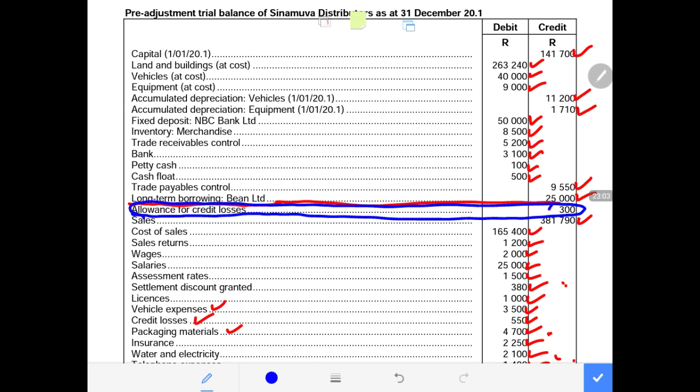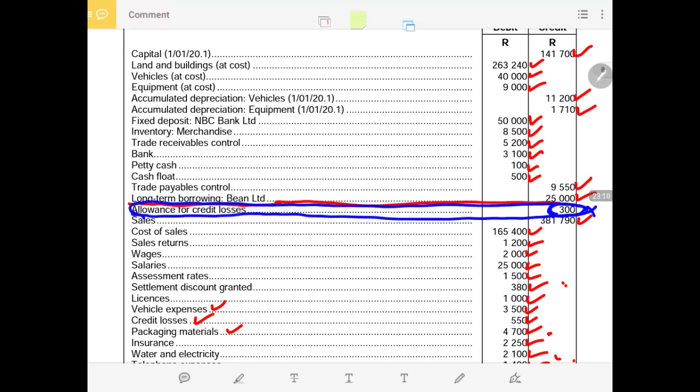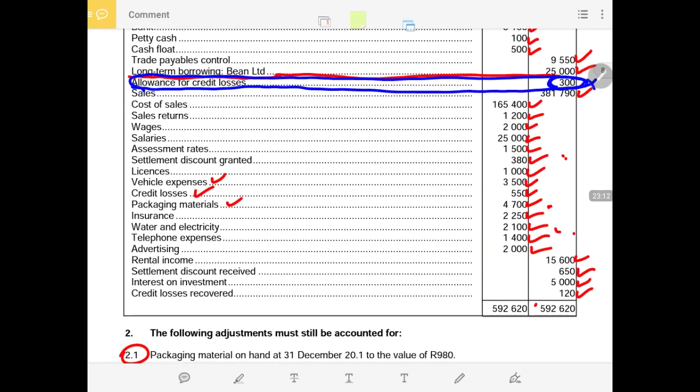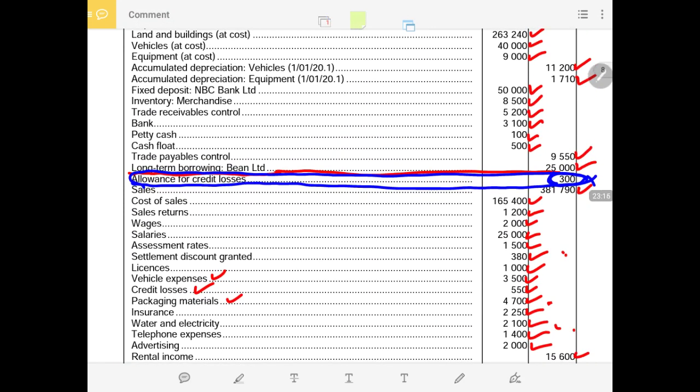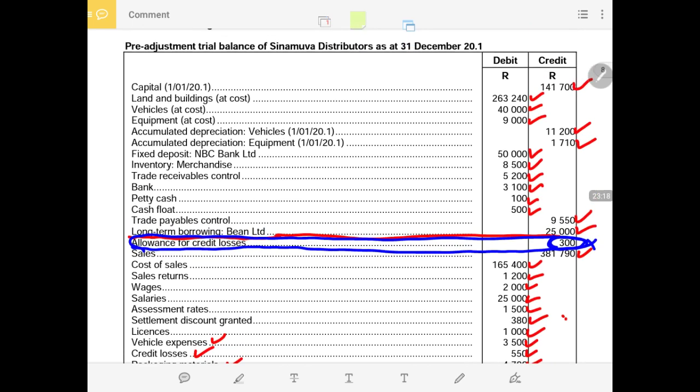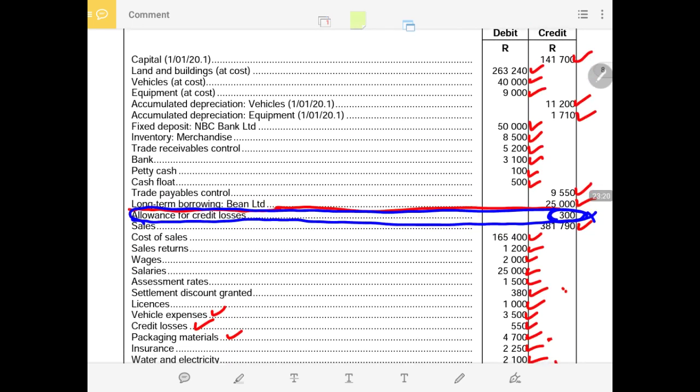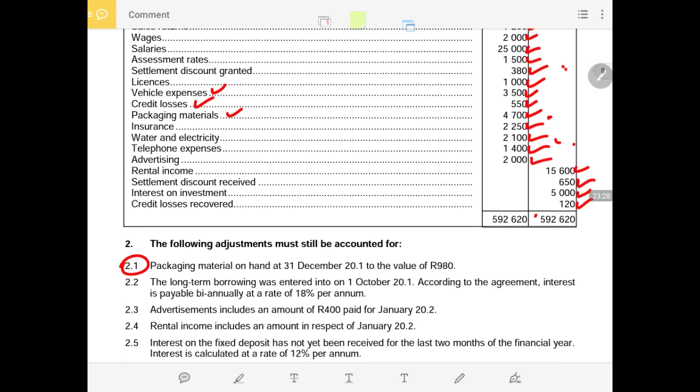And I prefer to leave this idling so that we deal with it later on. Then I'll explain when we reach the allowance for credit losses. And you can see that all the amounts have been recorded in their respective financial statements. So the only thing that I'll come back for when I'm done with the adjustments is the allowance for credit losses. So I've copied everything and I've pasted everything.